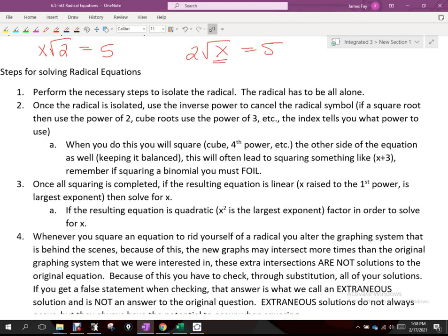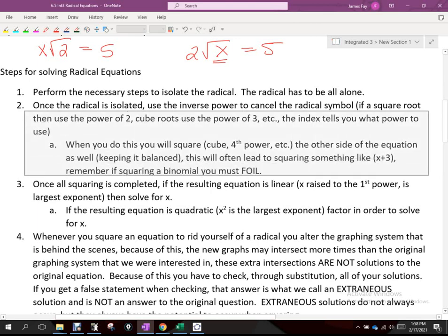So that has to be done. Once the radical is isolated, use the inverse power to cancel the radical symbol. And all the rest of this says is if we have a different radical, like a cube root, fourth root, whatever, then we use the appropriate power to cancel.